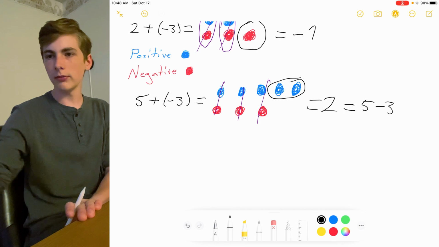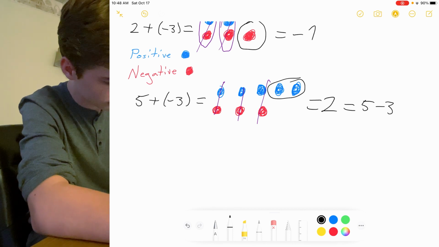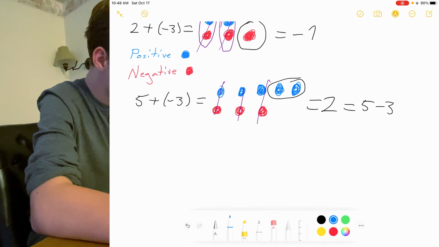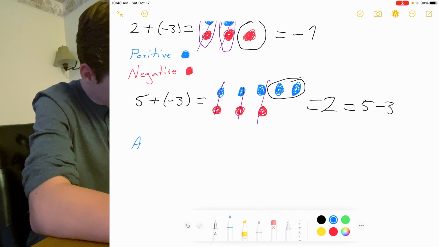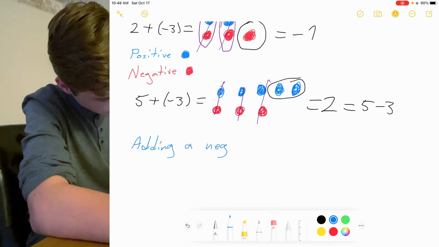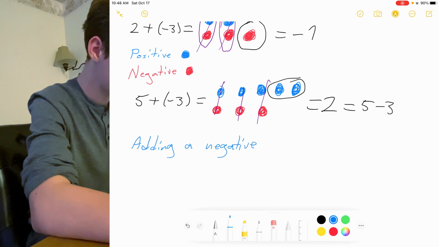And so this is going to be an important concept, so I'm going to write it out in blue. Adding a negative is the same thing as subtracting a positive, right?